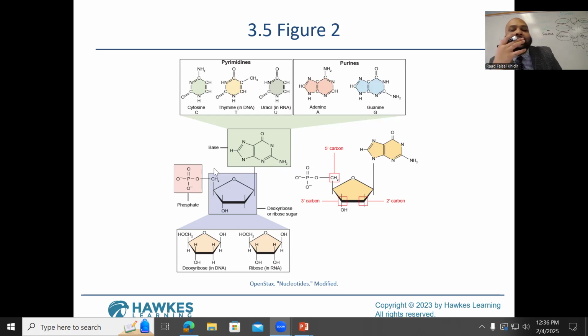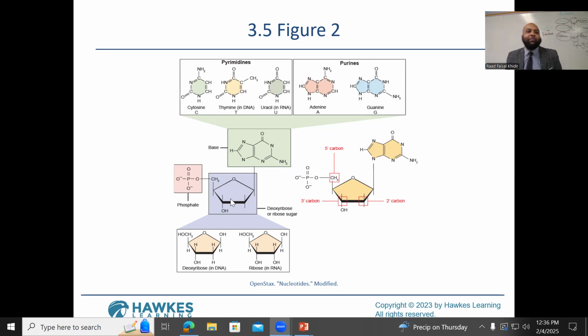So in order to have a nucleotide, you need to have three things. You need to have a nitrogenous base. It could be one of these two. It could be a purine, or it could be a pyrimidine. So that's one out of three. What's two out of three? This pentose sugar, 1, 2, 3, 4, 5. This pentose sugar is going to be the second component of my nucleotide.